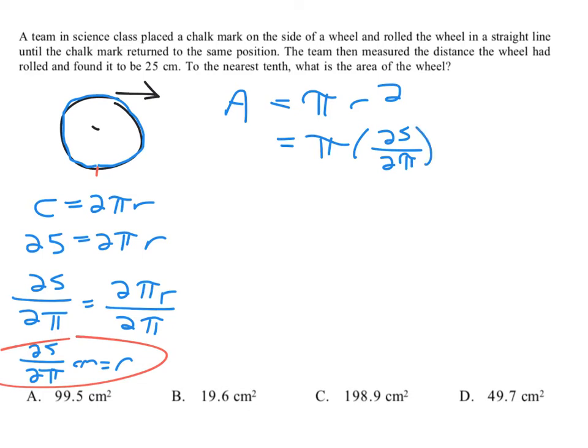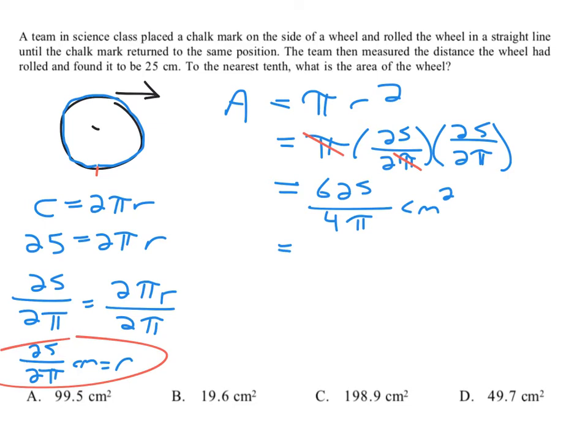But it's the radius squared, so I need to multiply by that exact amount again, 25 divided by 2 pi. And watch what happens. We can cancel that pi with that. Okay, and what we get is 625 on the top and 4 pi on the bottom, centimeters squared.